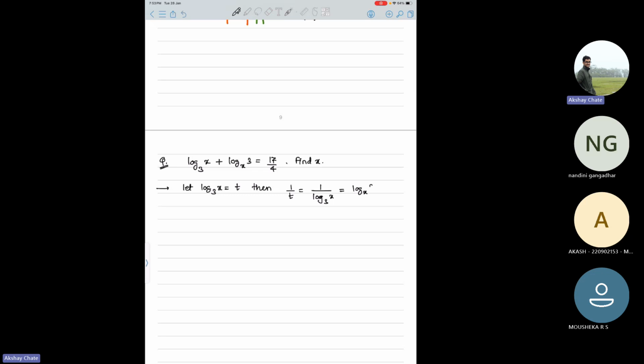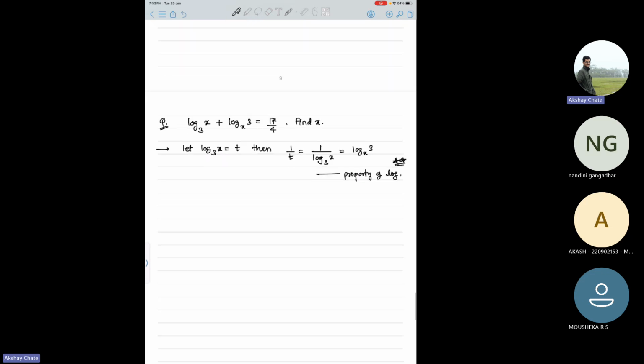It will be nothing but log base x of 3. This is nothing but the property of log, and that is the main crux of this question. If you understand it, you should be able to solve it, because you have to do substitution. We assumed that log base 3 of x is t, and the second term becomes 1 by t. Then you have this equation, and you need to solve for t.